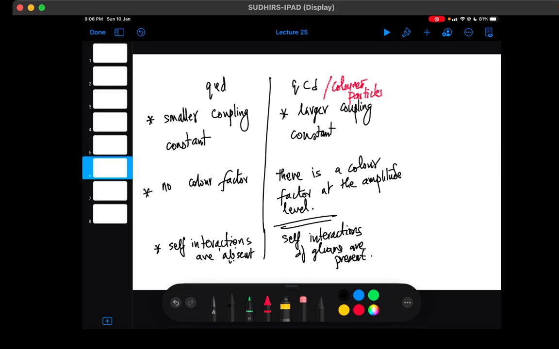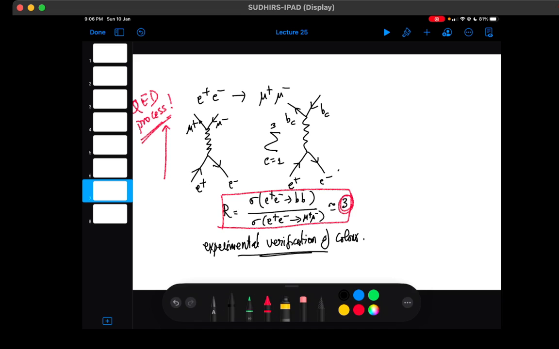Now this we will see in a specific case. Actually, before going there, let me just say that this ratio is one of the most important experimental verifications of color. Going back, the self interactions also play a big role.